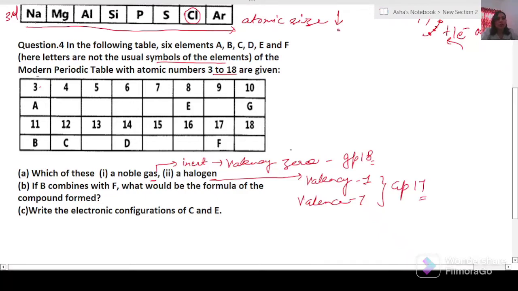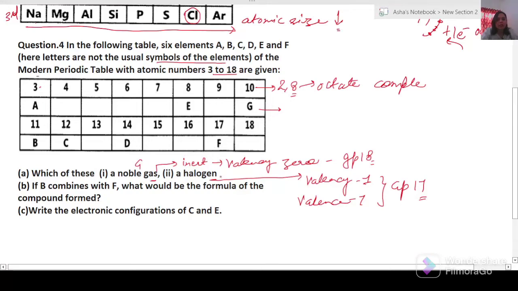Now for the noble gas, obviously here the atomic number is 10, so it is 2,8. So it means the last shell has its octet complete. So our answer will be G. Atomic number 10 belongs to G, so the noble gas answer will be G.